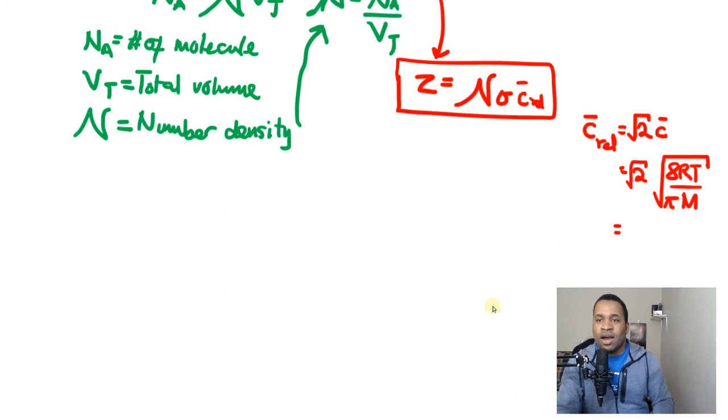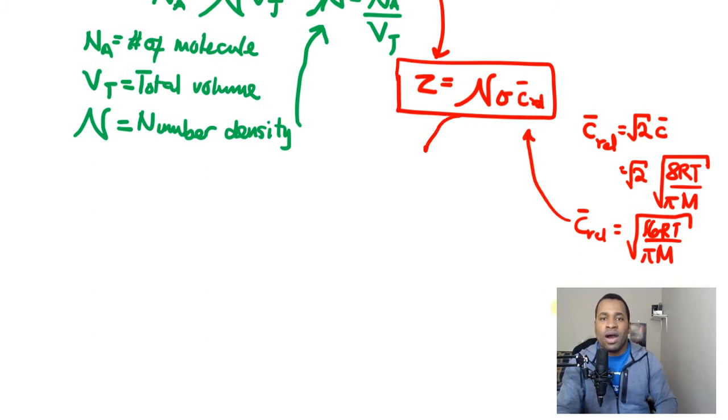Therefore, we have our relative mean speed equal to the square root of 16RT over pi times molecular weight. So once you have this, we now have our new expression for collisions per second, or collisions per time, equal to the number density multiplied by the area multiplied by the square root of 16RT over pi molecular weight.